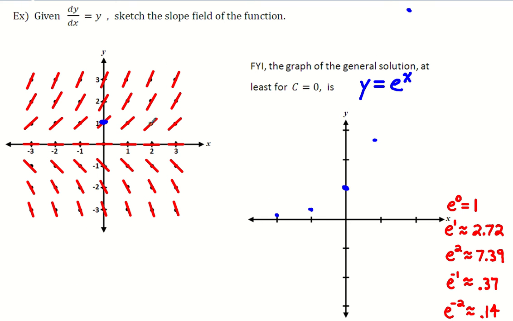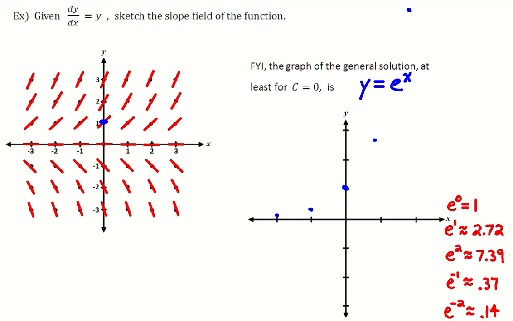If your dy dx equation was equal to x plus y, then you would do the x coordinate plus the y coordinate, because this would have literally said slope equals x plus y. And so right here, your x is 2, your y is 1, and so you would have put a slope here of 3, and you would have put a slope here of 6, because 3 plus 3 is 6. That's pretty steep, you know what I mean?